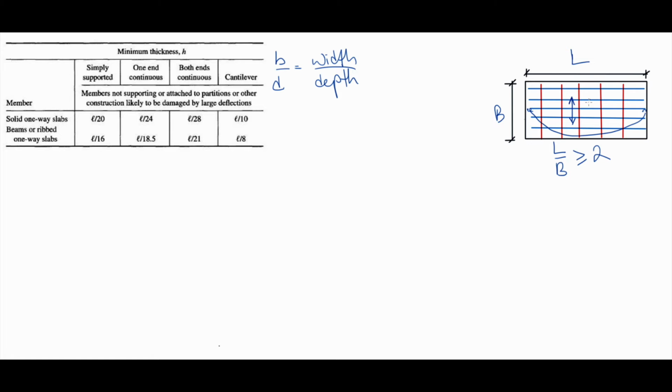We'll take a strip in the slab. This strip is either 1 meter or, in US customary, 1 foot. Okay, so you take a strip in the slab, like, for example, here, you take a strip like that. This is one meter or 1 foot, and we take it aside and we start designing.